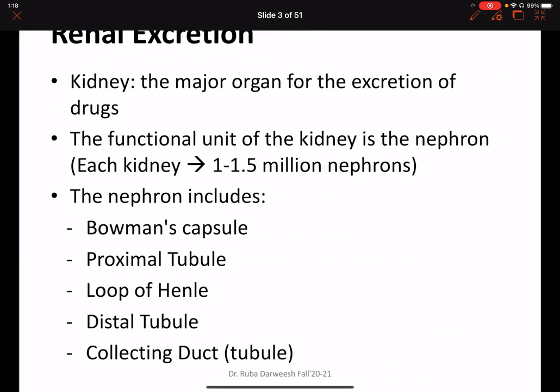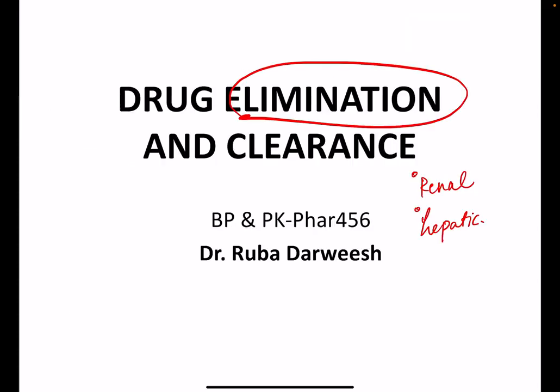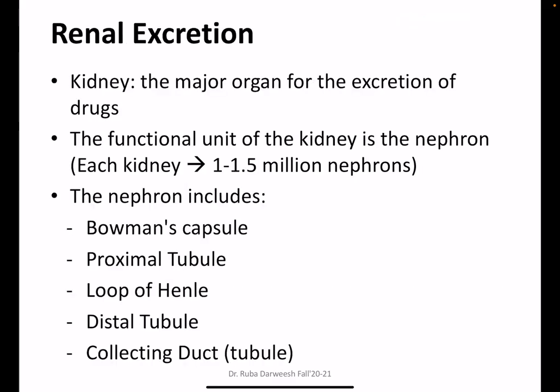For the renal excretion, we know that the kidney is the major organ for the excretion. So again, the majority of excretion is happening in the renal system, but as I mentioned before, it doesn't mean that the excretion is only happening in the kidneys.